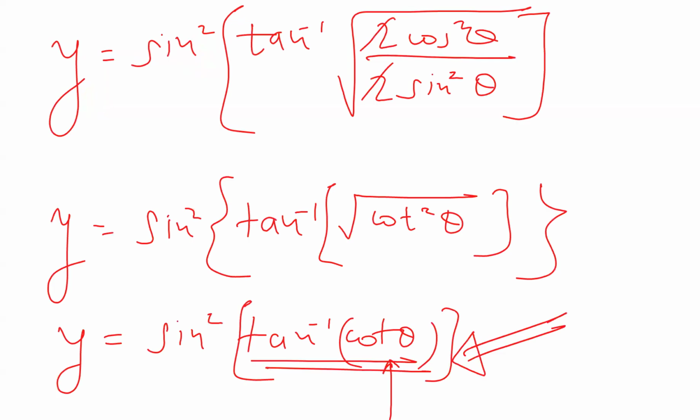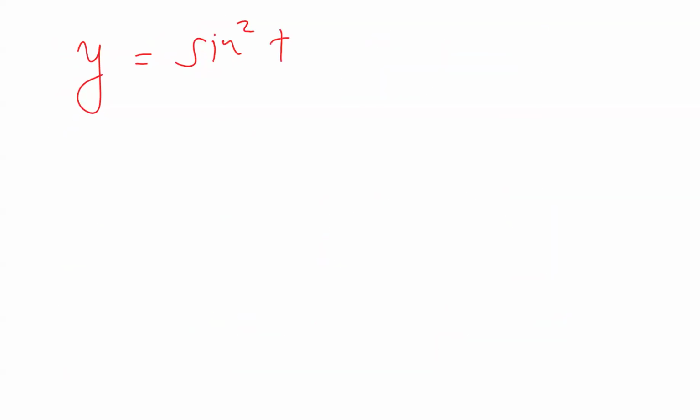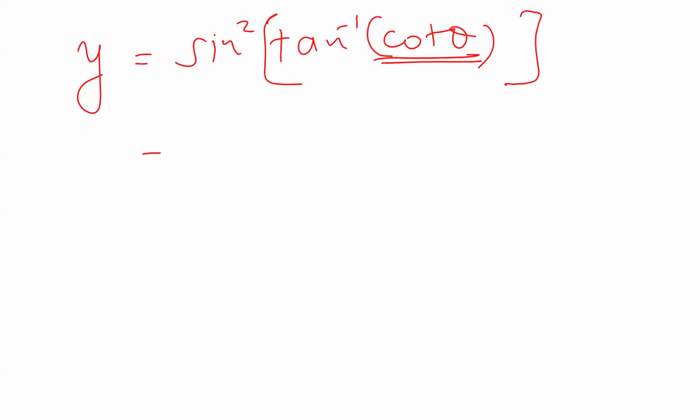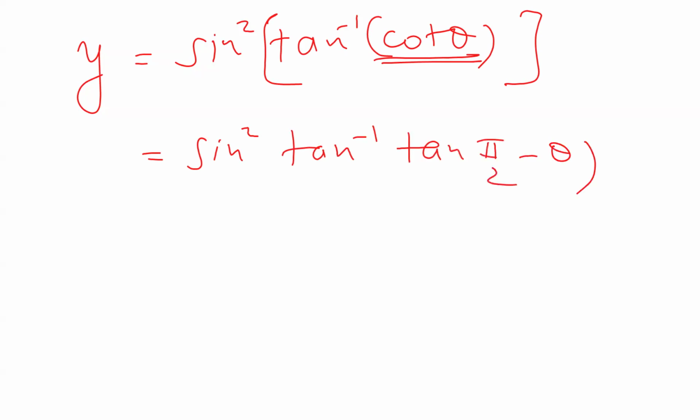Y is equal to sine square, okay, what we got? Tan inverse of cot theta. Okay, so we had got this. Now cot theta can be written as tan pi by 2 minus theta.